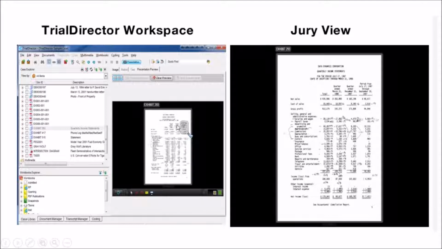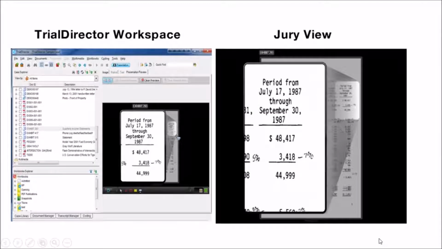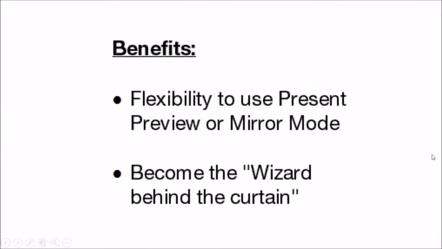If I use these tools and highlight something here, and then tell it to present the preview, it's going to show up before the jury, like this. So I did this over here, it shoves it over in front of the jury in mirror mode. It's flexible to present the preview or mirror mode, and it's called the wizard behind the screen.